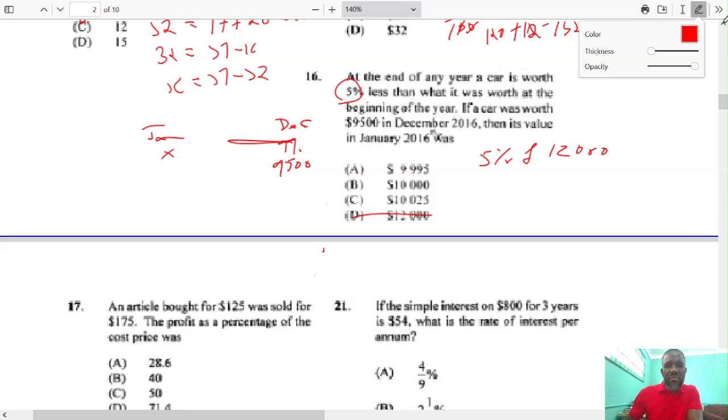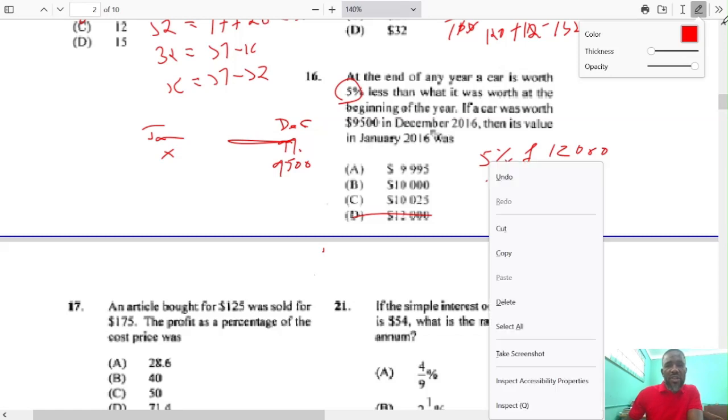So 5% of 10,025, if we subtract that from 10,025, we are not going to get 9,500, because 5% of 10,025 will give us a decimal, and we know that there's no decimal here.